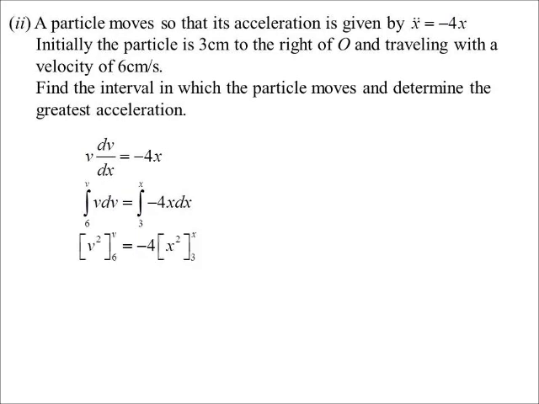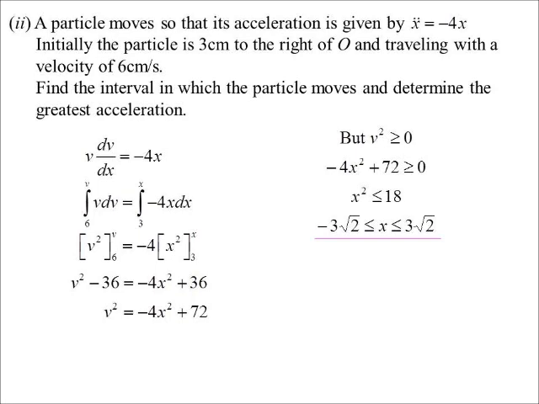Notice, instead of half v squared, I multiplied the other side by 2 there. And there it is. That's the formula that people are sort of quoting, v squared equals n squared, but we've just derived it. I just personally prefer to derive it. Maybe I'm just strange. But v squared is greater than or equal to 0. So there's the path of my particle, minus 3 root 2 to positive 3 root 2.